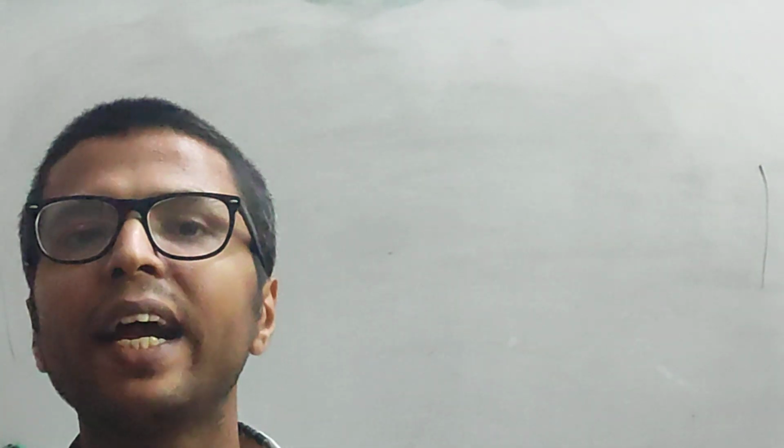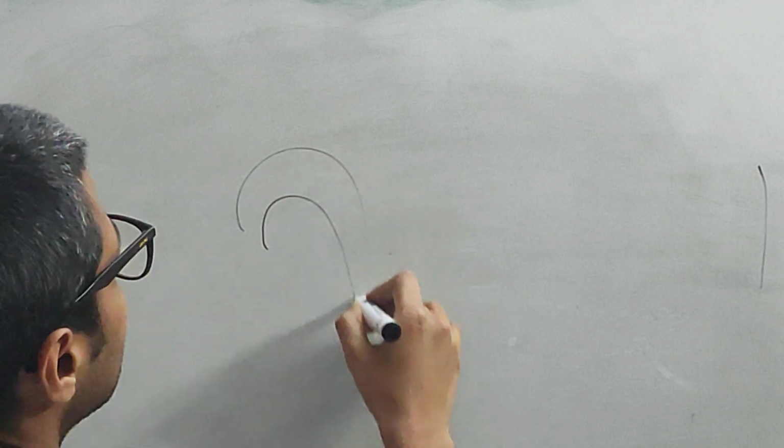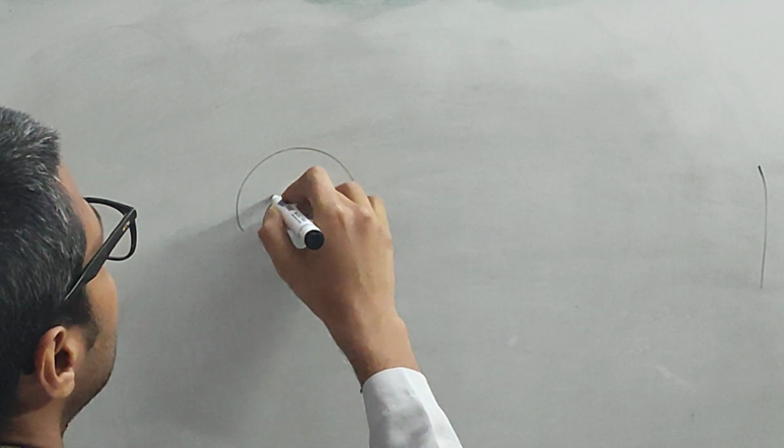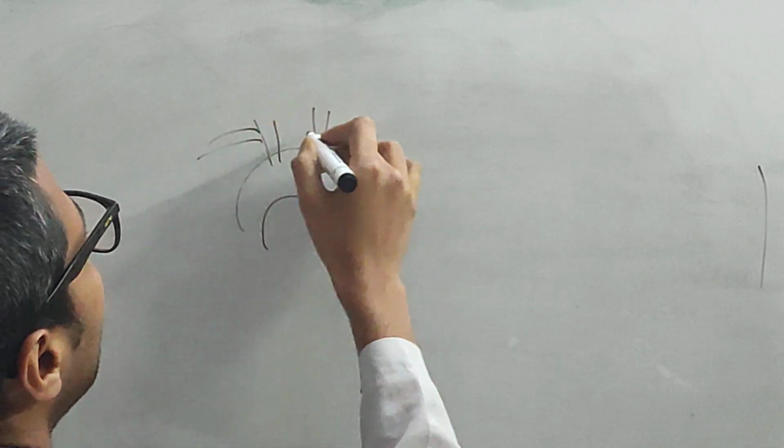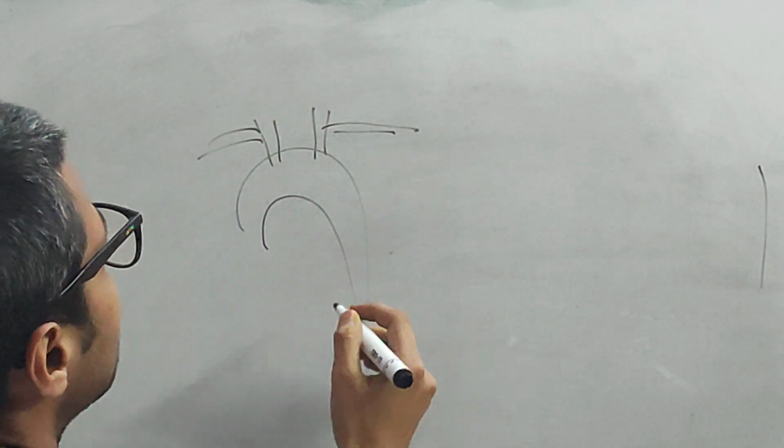So vasculitis, depending upon the size of vessel involved, is classified as large vessel vasculitis, medium vessel vasculitis, and small vessel vasculitis. So let me draw. This is aorta, and when there is involvement of the aortic arch, this carotid artery, this subclavian artery, then this is called large vessel vasculitis.